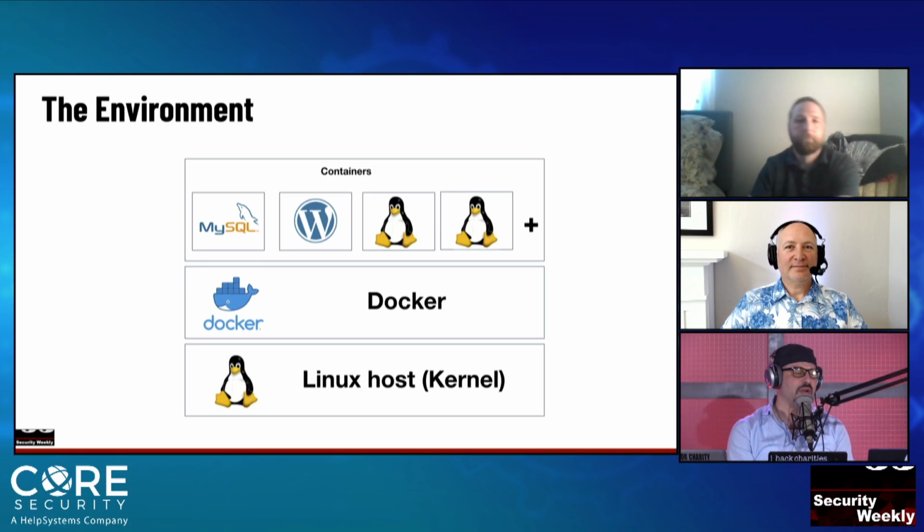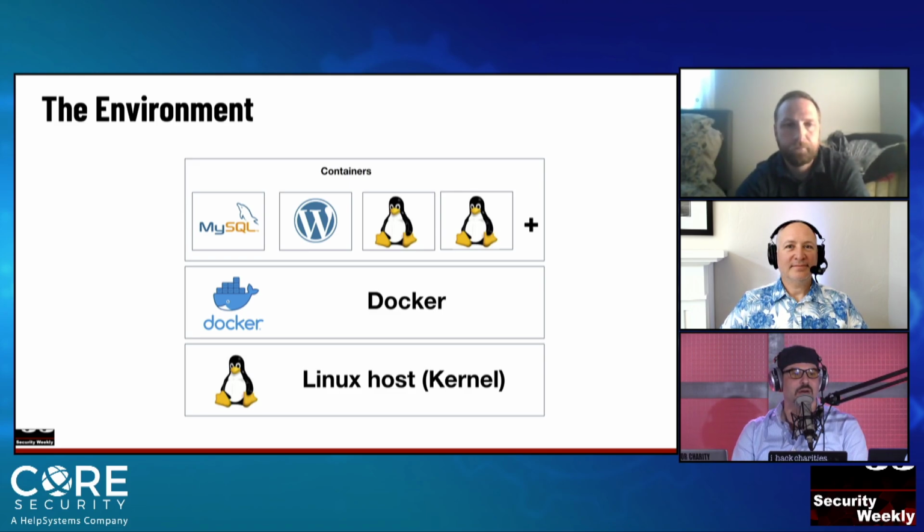My slides should go pretty quick. I'm not going to spend a whole lot of time. You can review them afterwards to get some of the more technical details. But I created a mock environment that I wanted to attack. I chose some really vulnerable software: WordPress, whose plugins have a lot of vulnerabilities, so many that I could put together really any sort of narrative I wanted to demonstrate various vulnerabilities.